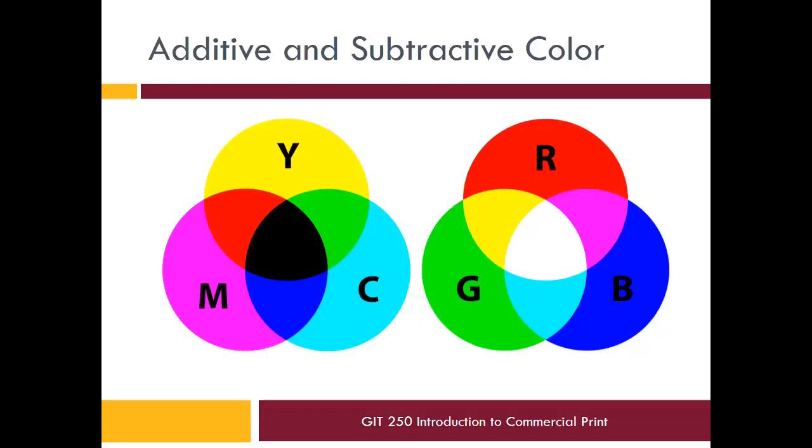So when we talk about subtractive color, we're talking about color in the physical world that is absorbed into certain materials. And then whatever's bouncing off of that or reflecting, that reflected light is what we perceive. And so when we see things, the more light is being absorbed into something, the darker it gets. So think of a black piece of paper or paper with black ink on it, and it's just absorbing a whole lot more light, right?